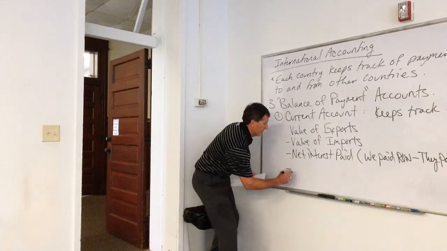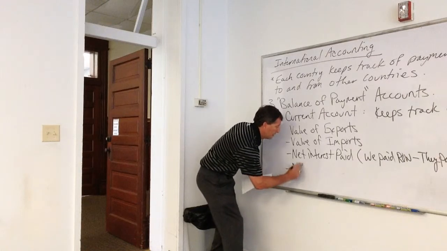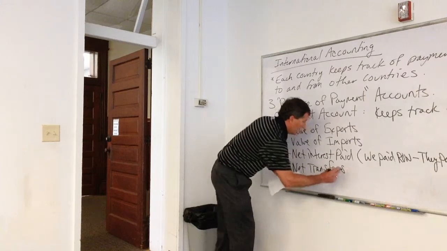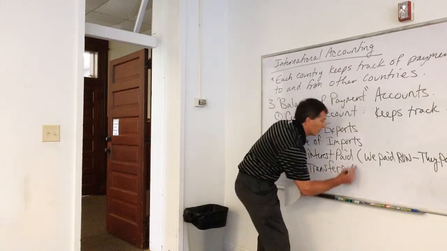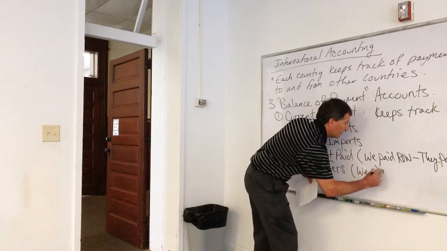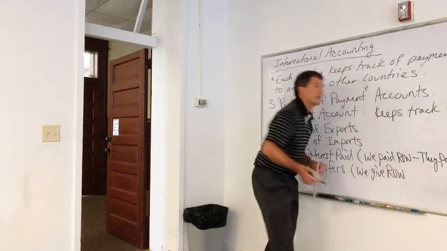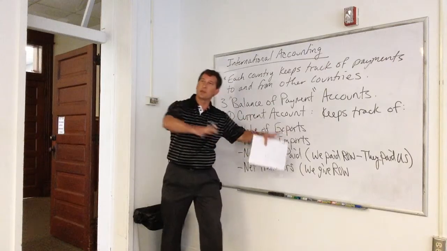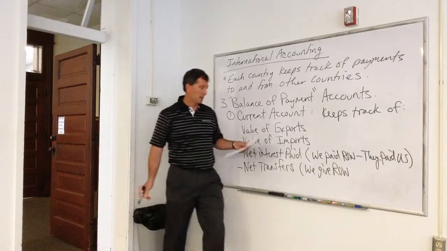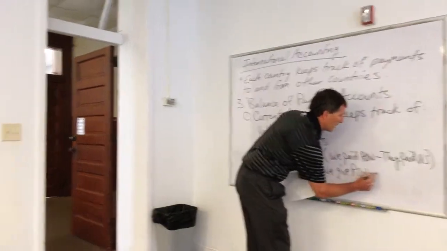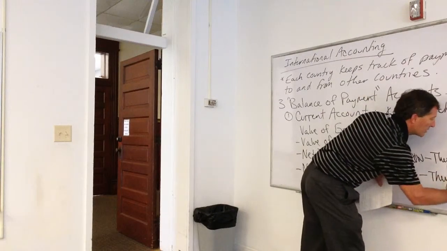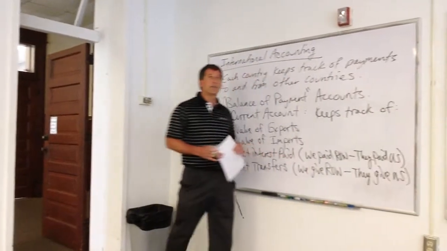And then finally, we've got net transfers. What we give the rest of the world free of charge. So international support going to Ethiopia or some other causes. The money we give the rest of the world minus what they give us. As you can imagine, there's not a lot of flow.